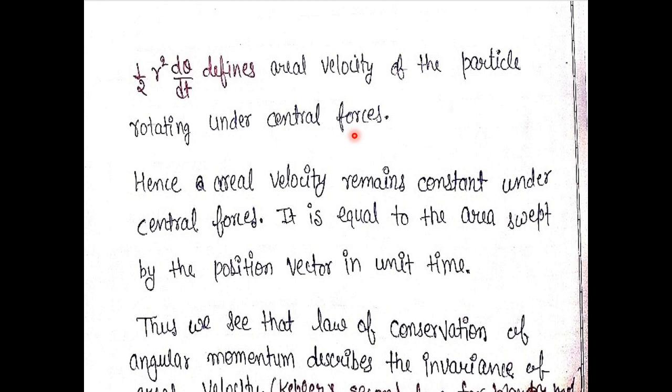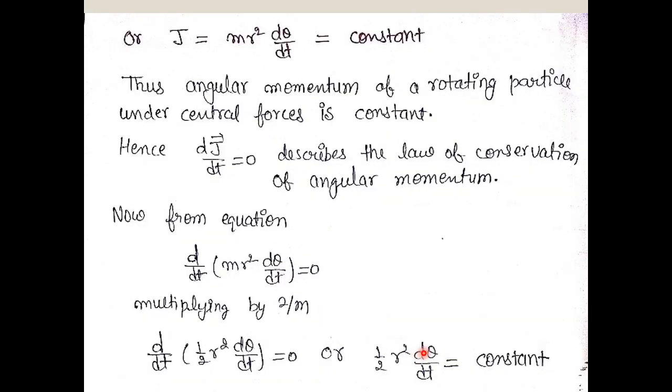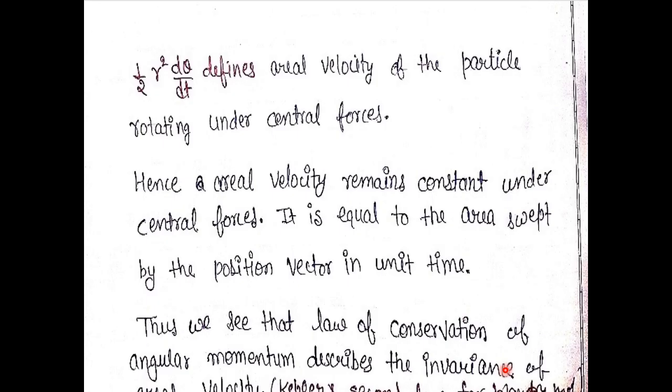What is this term? This term is called areal velocity. Hence we can say areal velocity remains constant under central forces, because we have proved it here. It is equal to the area swept by the position vector in unit time.